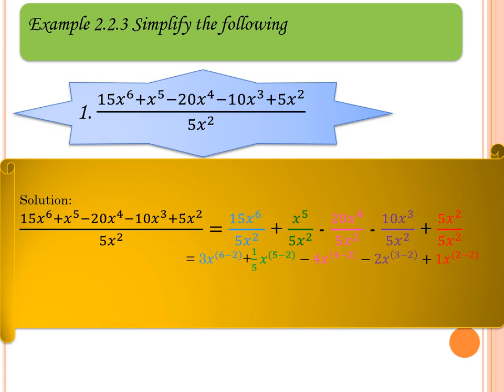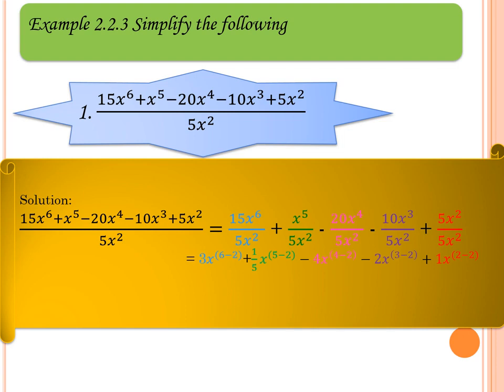Minus 10x cubed divided by 5x squared is just equal to negative 2x to the power of 3 minus 2, since 10 divided by 5 is just equal to 2, and x cubed divided by x squared is just equal to x to the power of 3 minus 2, plus 5x squared divided by 5x squared is just equal to 1, since the division of like terms is just equal to 1.